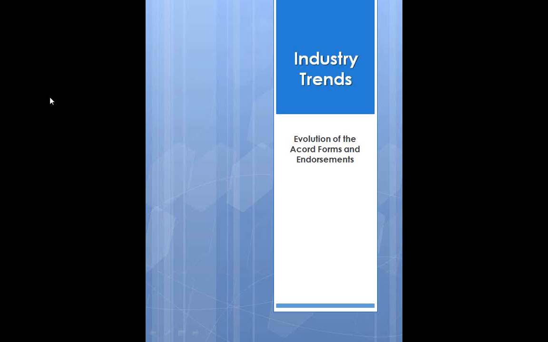Industry trends. Why we're having this webinar today is because the industry has evolved dramatically, more dramatically in the past 10 years than it did probably for 20 or 30 years prior to that. The insurance industry is very slow to come around to trends, even if they're legal trends, to be honest with you.